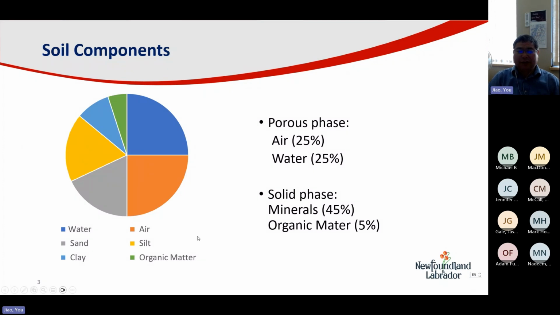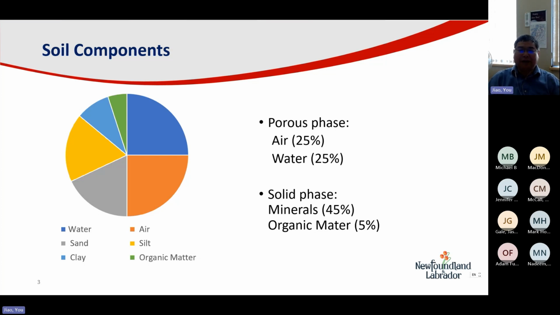The soil has minerals, which are mainly the nutrient part, and organic matter, which holds the soil organisms, either decomposers or live microorganisms.